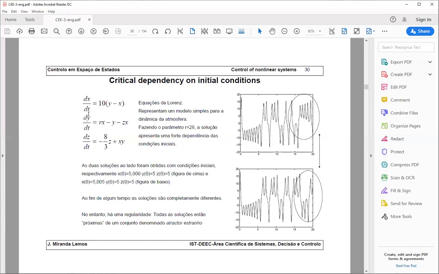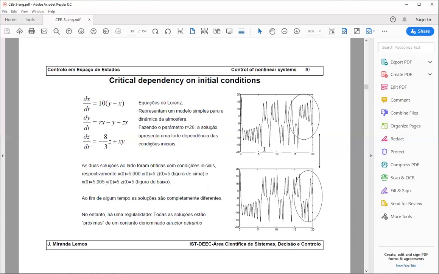So this looks quite peaceful. So we do a simulation in which all the state variables have the value of 5. So you have this simulation. This is just one of the state variables on the top. Now, you increase the initial condition of the first variable, x of 0, by 0.1%.